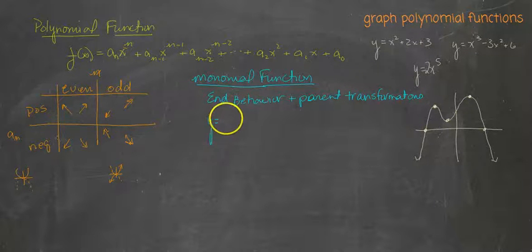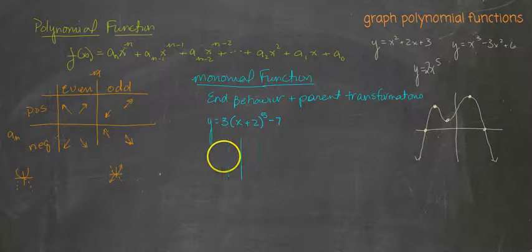So y equals, let's make this tricky, 3(x plus 2) to the 5th power minus 7. So it gives us all of our transformations.